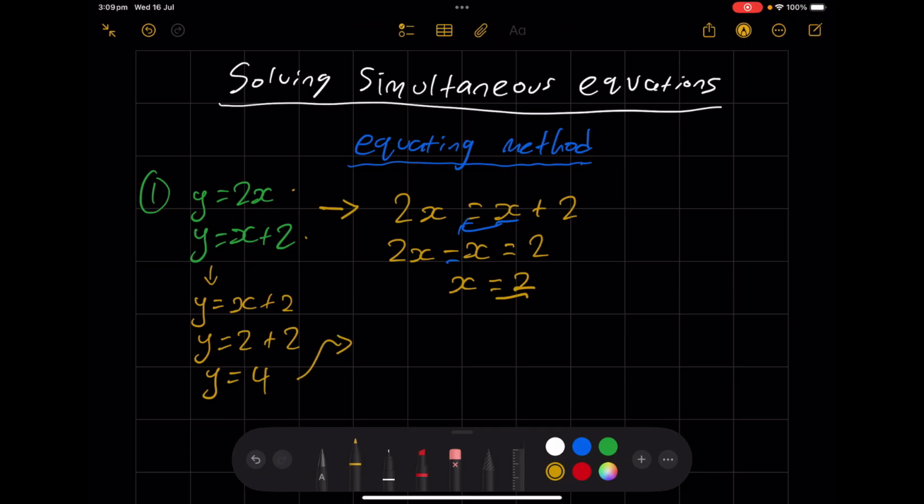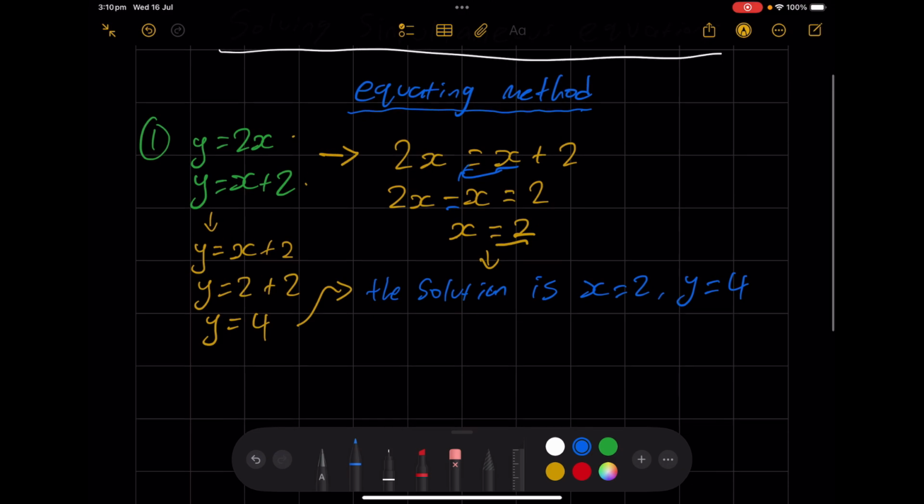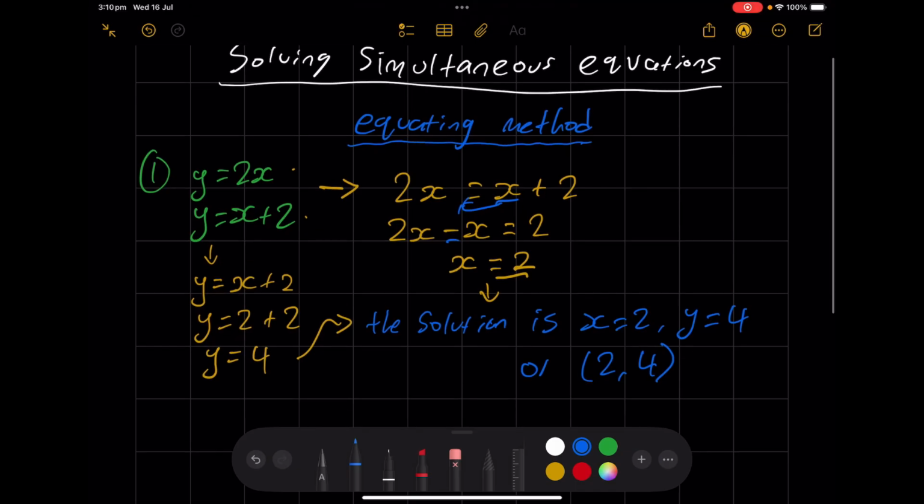And so we can put it all together, saying that the solution is x equals 2, y equals 4, or you can write it like this, (2, 4), that is the grid coordinate.